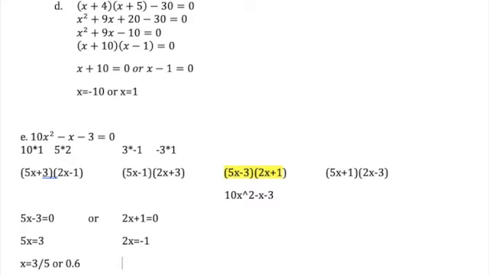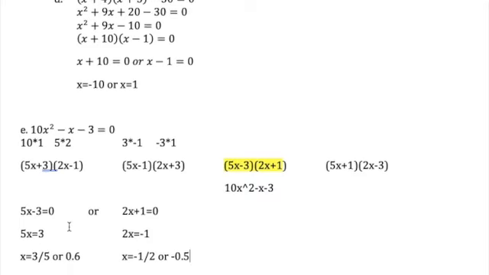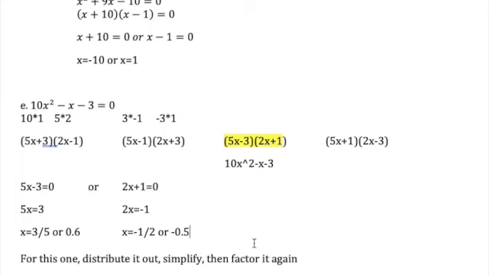On your exit slip, the answers are going to be written as fractions, not decimals. And here we got x equals negative 1 over 2, or negative 0.5. So really, we still get answers. They're fractions, they're decimals, they're ugly, but that's okay. We factored, we solved, we set equal to 0. So that's just one more thing to look at.